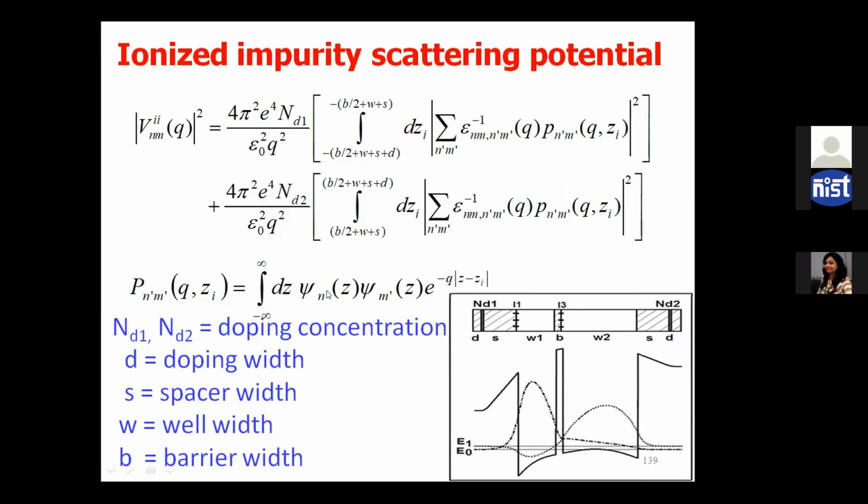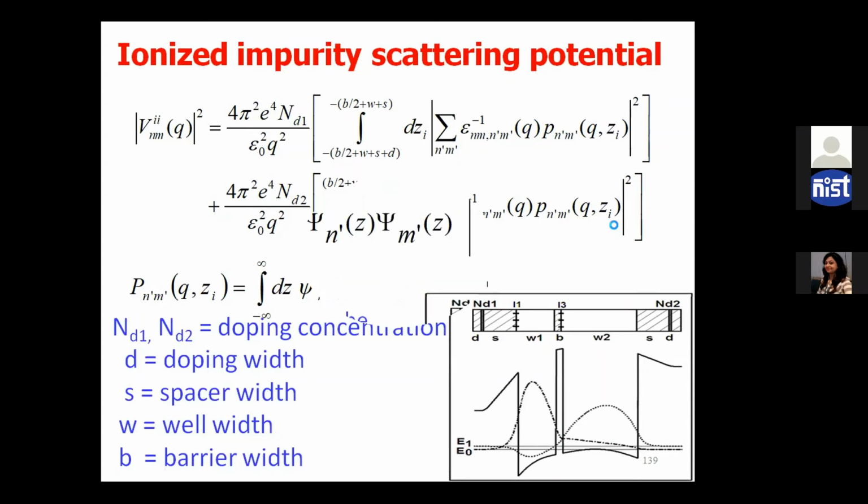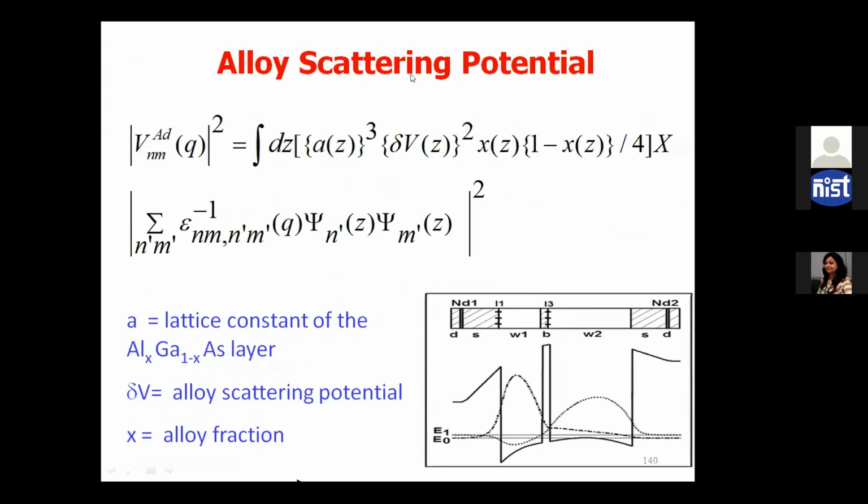If we modulate this, then we can alternately modulate the conductivity. So similarly, there is the screened alloy scattering potential, which chiefly depends upon this x and 1 minus x.